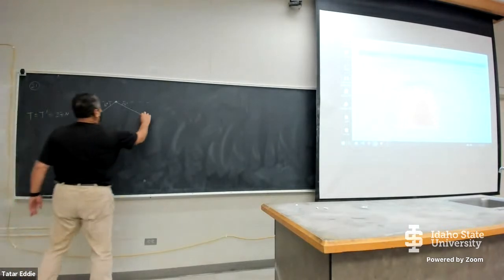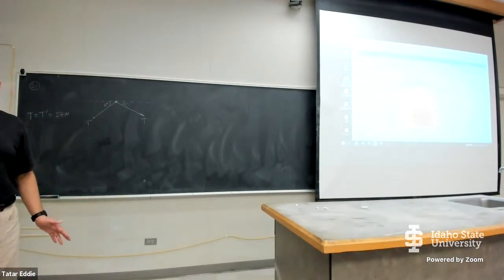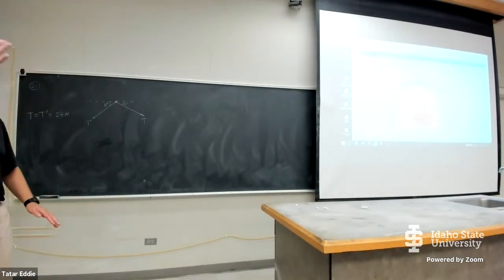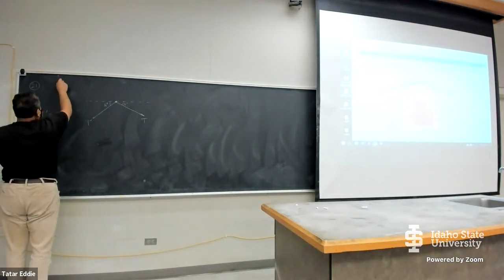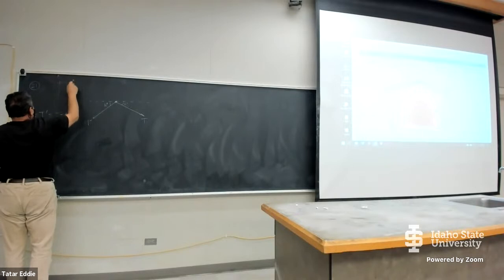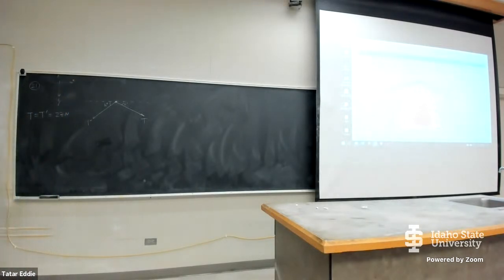So what you do is decompose each of those forces into horizontal and vertical components. Use a coordinate system with x positive to the right and y downward, just for variety.